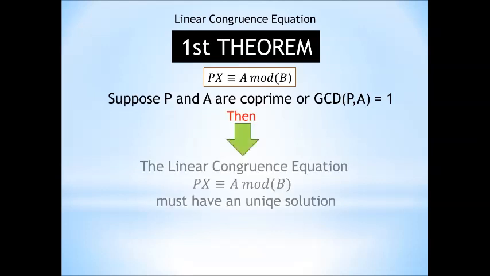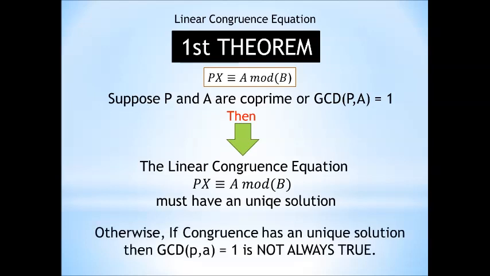Then the linear congruence equation Px ≡ A mod B must have a unique solution. But if the congruence has a unique solution, it is not always true that the GCD of P and A is 1.